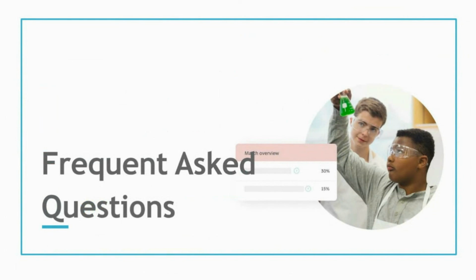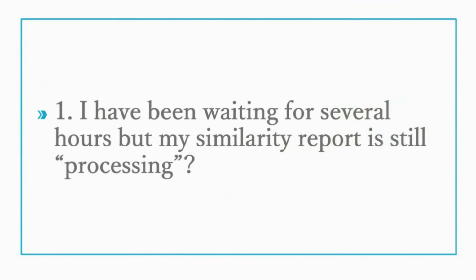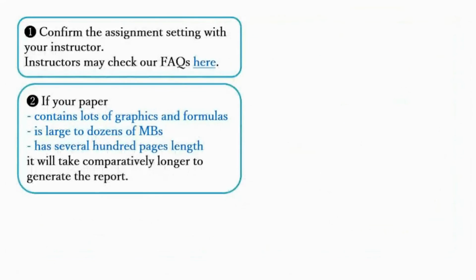Okay, the last part is FAQs. The first question is, I have been waiting for several hours, but my similarity report is still processing. What can I do? If your paper contains many fonts, figures, or hundreds of pages, the system will need more time to process it.